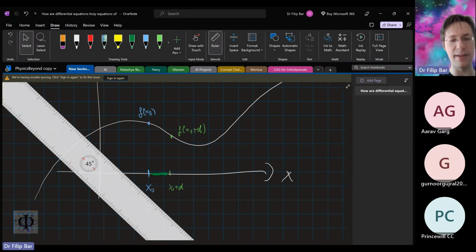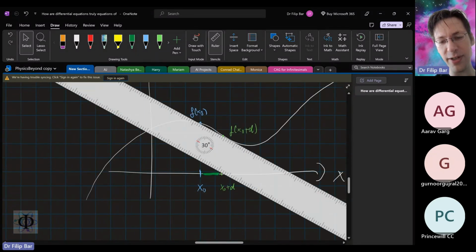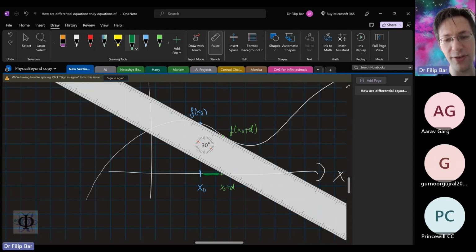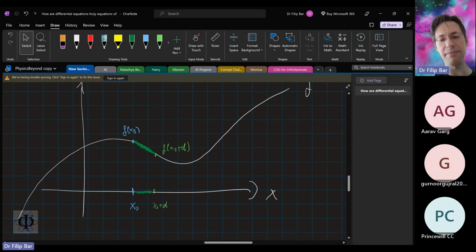Well done. That's what I want, right? Okay, so again, I'm not going to quite get a straight line because everything that I'm drawing is finite, but I'm just going to indicate that here. I'll make it a little bit thicker to kind of ignore that. So I'm going to get a straight line.